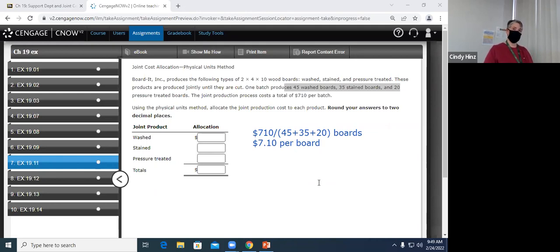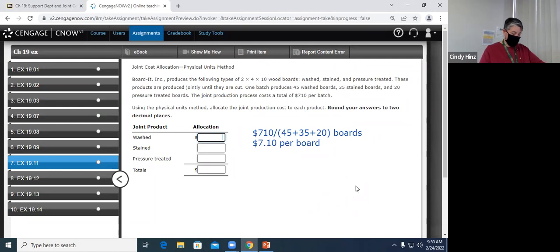So we're assuming that the cost for each type of board is the same up to that point. And then we can add on the cost for washing the boards to the washed boards, staining the boards to the stained boards, and pressure treating the boards to the pressure treated boards. But up to that point, we assume that each board costs $7.10 to produce.